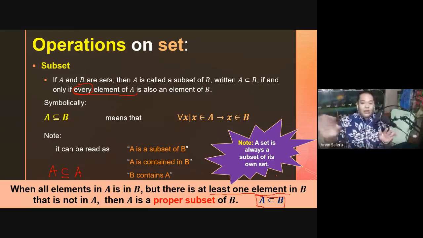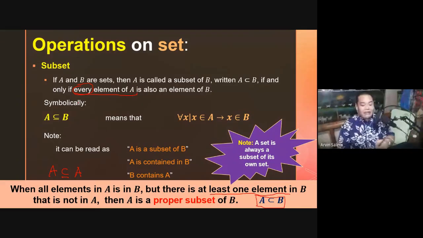B, 1, 2, 3, 4, 5. Di ba si 5, naa kang B, pero wala kang A. Then therefore, A is a proper subset of B. A is also a subset of B in general.